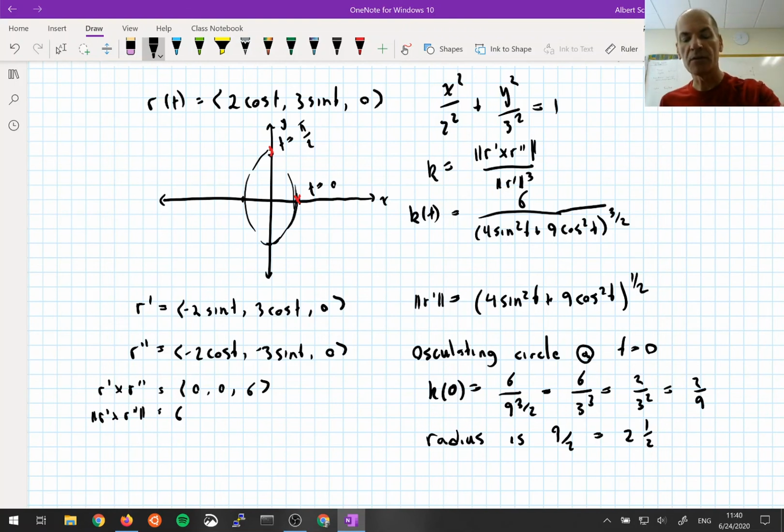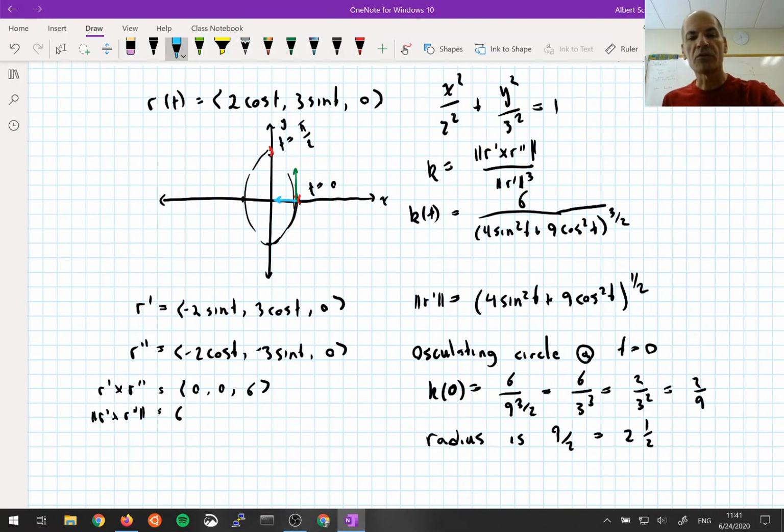So where's the center of the osculating circle? Now we have to bring to bear our knowledge of the unit tangent vector and the unit normal vector. Which way is the unit tangent vector pointing at this point t equals 0? I'll sketch it in there, maybe as green. It's pointing in this direction. And we know that the unit normal vector therefore points in this direction.